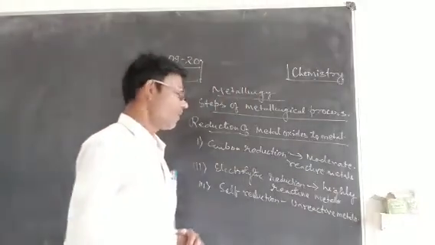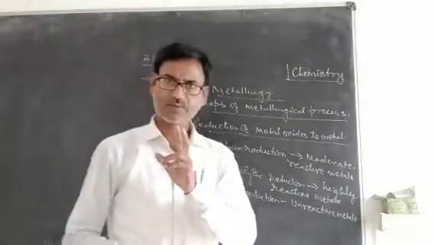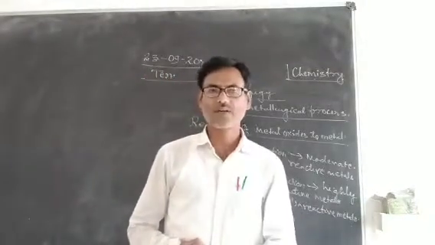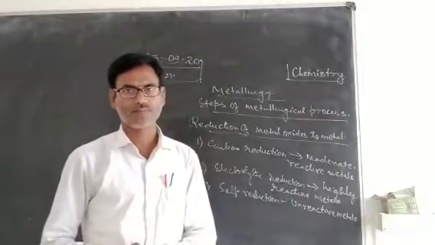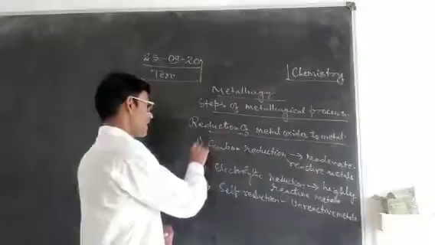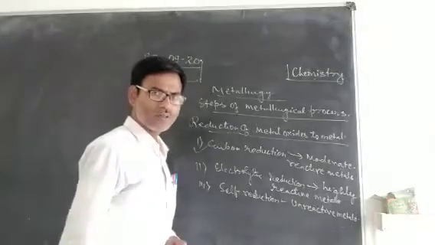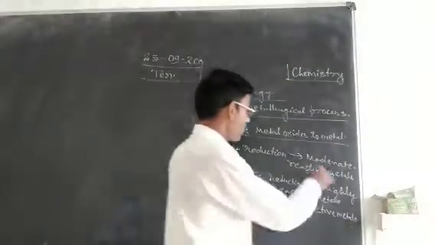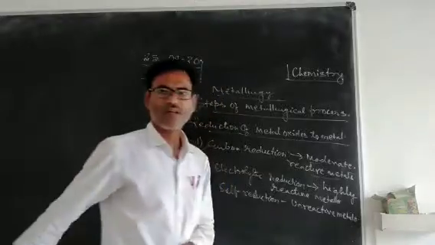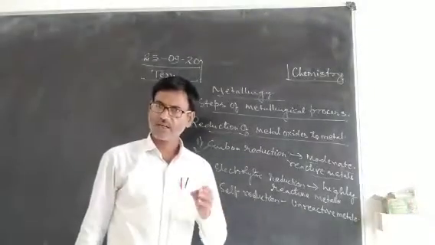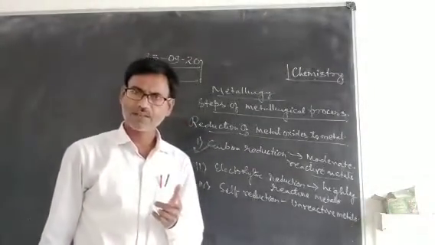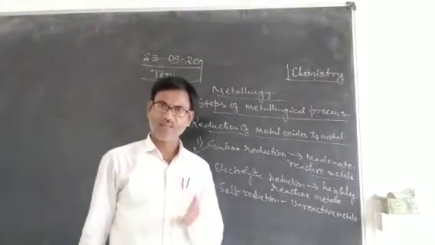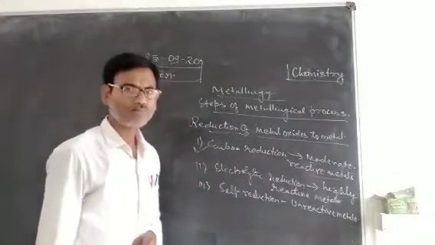There are three methods for the reduction of metal oxides into metal. These are carbon reduction. This method is adopted in case of moderately reactive metals like zinc, iron, lead, etc.